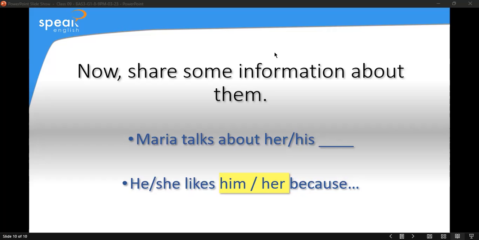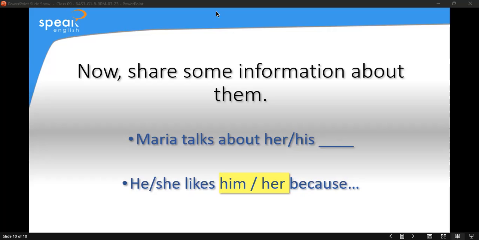And Gabriela talks about her mother, and she's very nice with her, and this is all. Okay, thank you very much. Gabriela, what can you tell me?